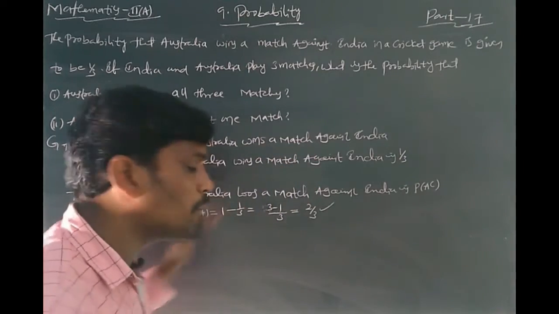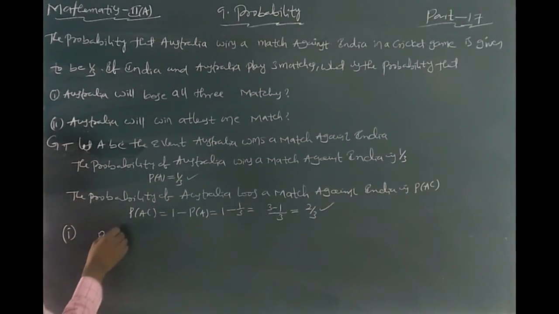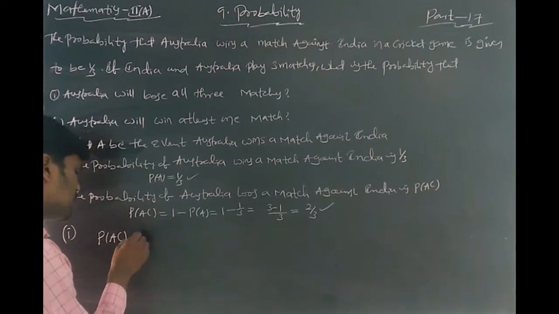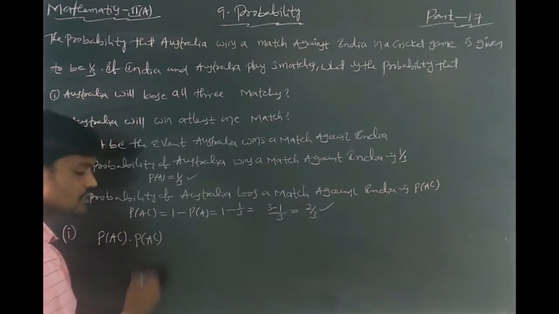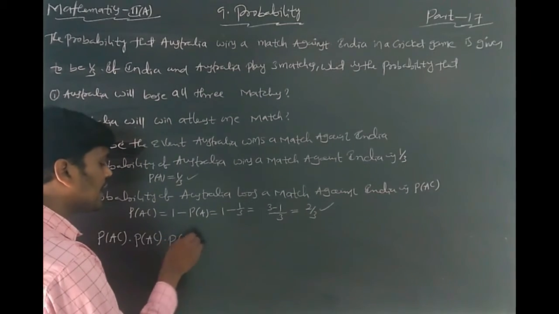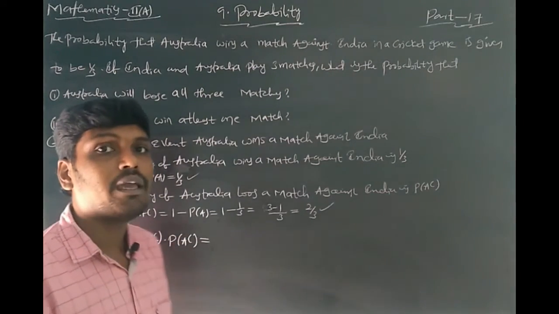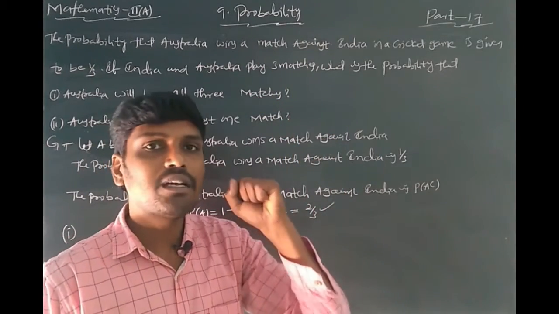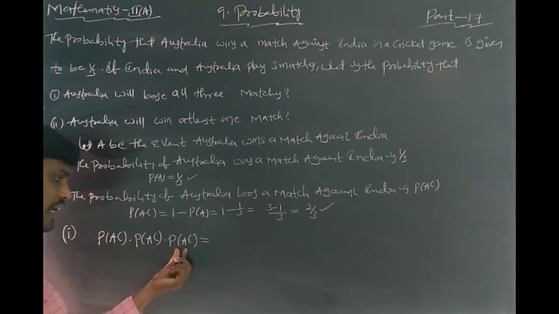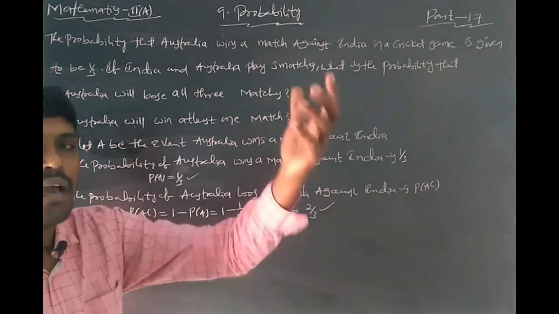It is P of A complement. The first match India wins, P of A complement. Second match also India wins, P of A complement. Third match also India wins, P of A complement. Here Australia loses all three matches.